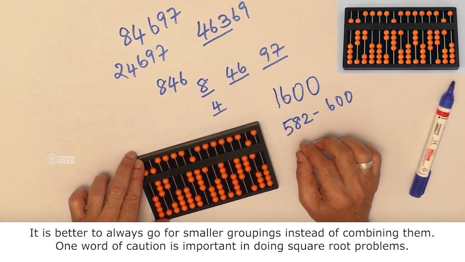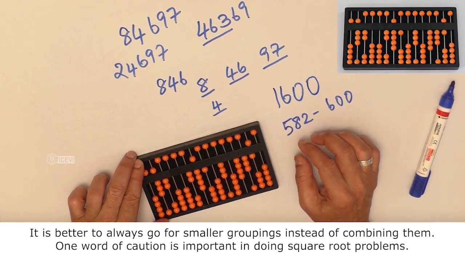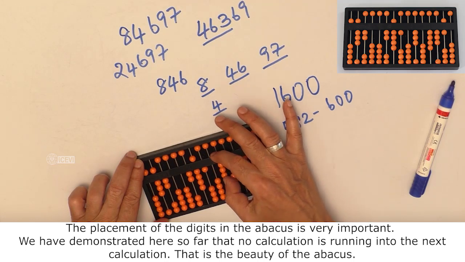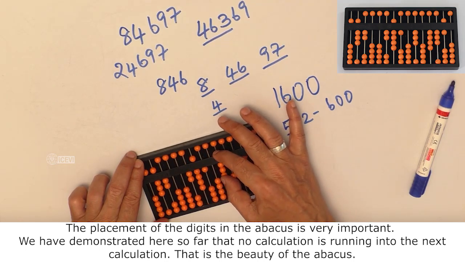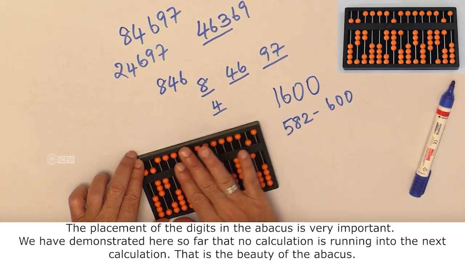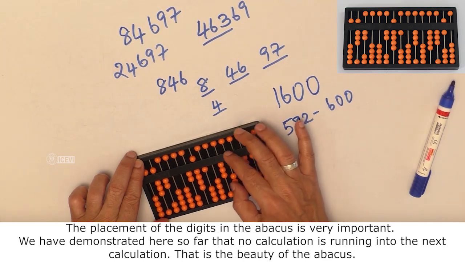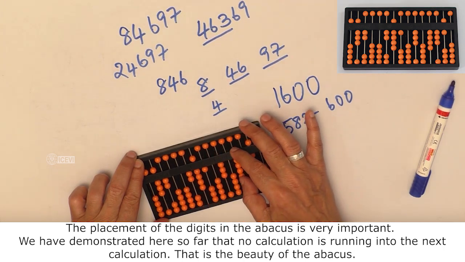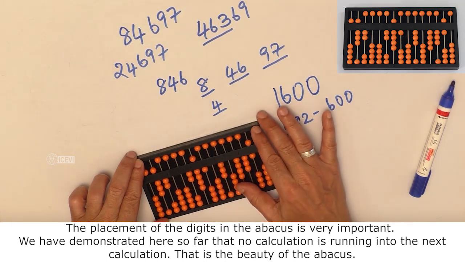One word of caution is important in doing square root problems. The placement of the digits in the abacus is very important. We have demonstrated here so far that no calculation is running into the next calculation. That is the beauty of the abacus.